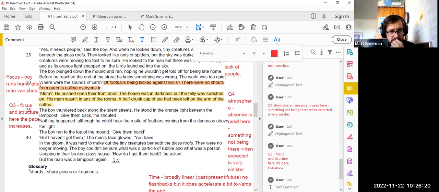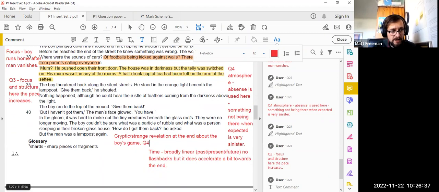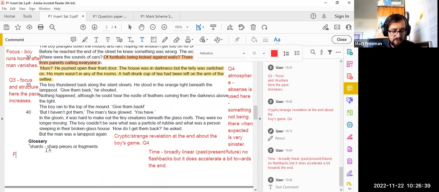And then finally, we get this cryptic, strange revelation at the end about the boys' game. And that could fit into question 4 probably a bit more. But finally, focus at the end. The boy returns to the scene. Okay, so he returns back to the mound. He comes back to the mound.